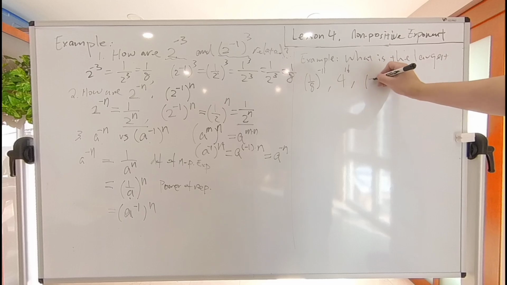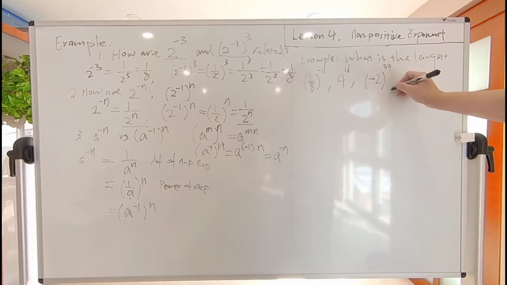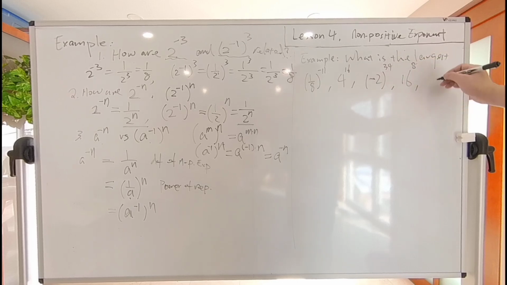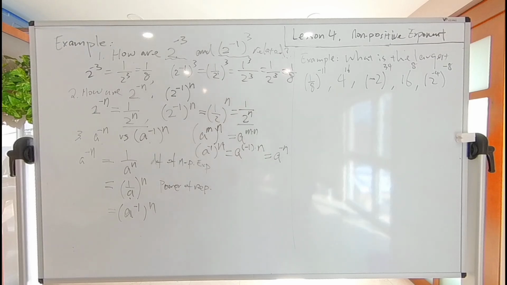I have minus 2 to the 34th power. I have 16 to the 8th power. I have 2 to the minus 4, to the minus 8th power. Which one is the largest?